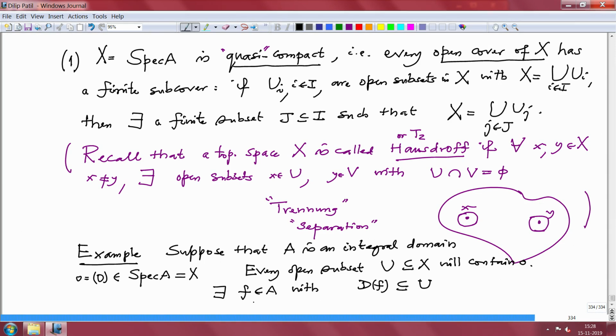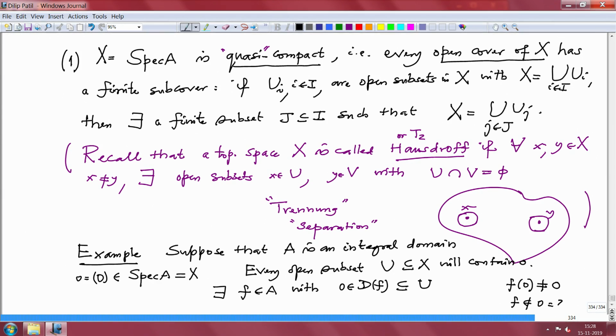If f is 0, D_0 is empty. So, if you have a proper open set U, then this will contain this, and 0 obviously belongs to the basic open set D_f, because what does that mean? This means f of 0 should not be 0, or in other words f should not belong to the ideal 0.